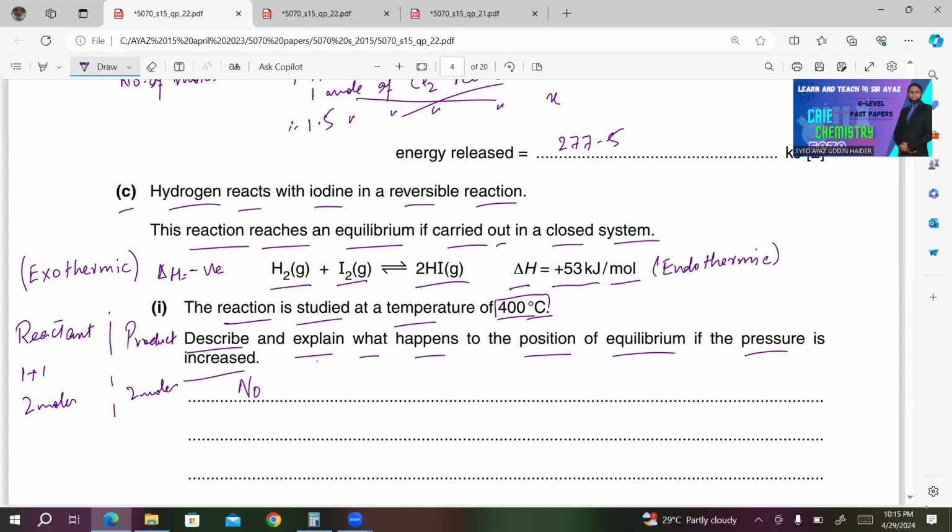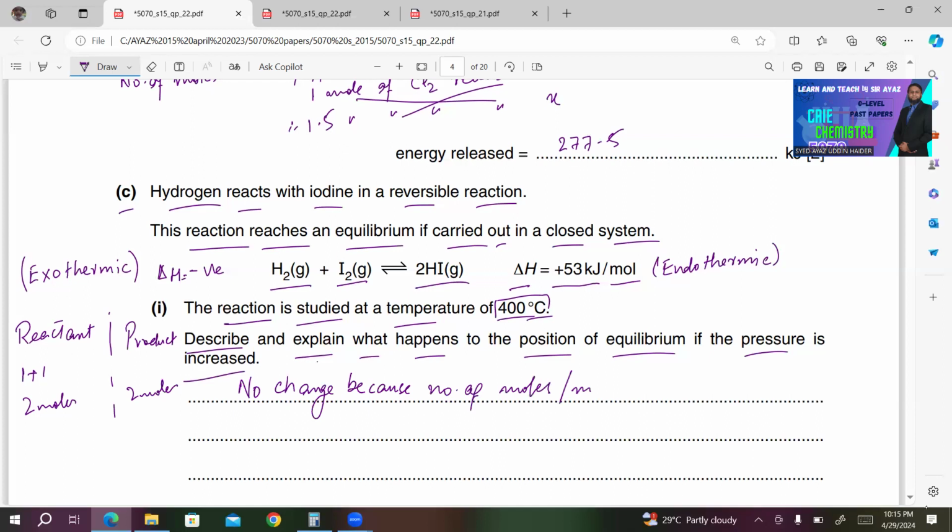You can write no change because the number of moles or molecules or volumes of gases are the same on both sides of the equation.